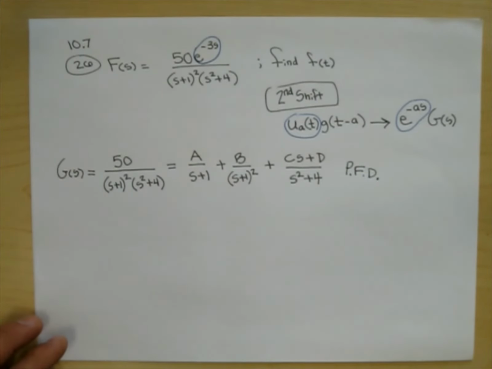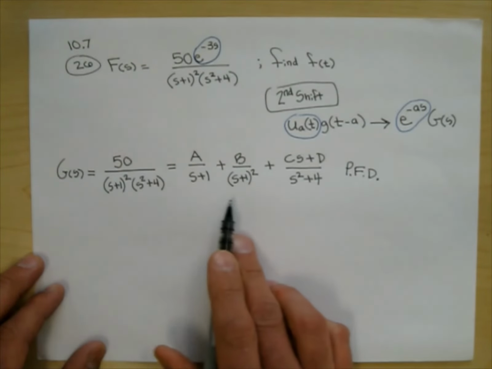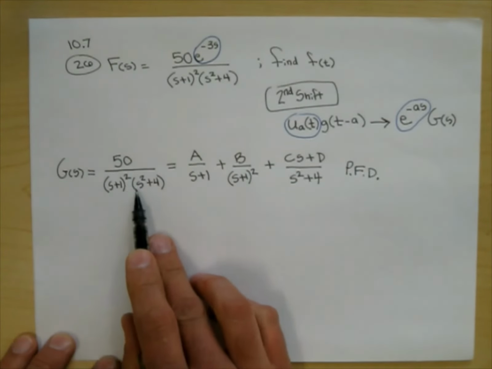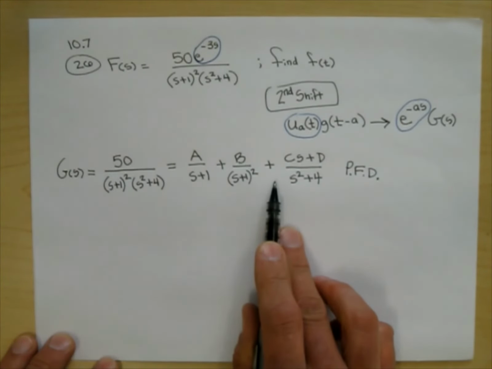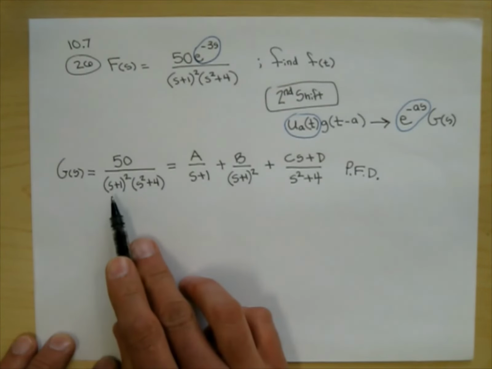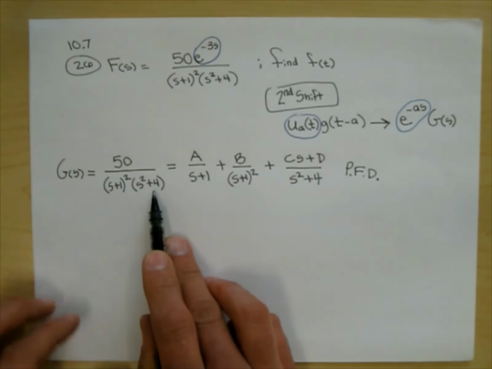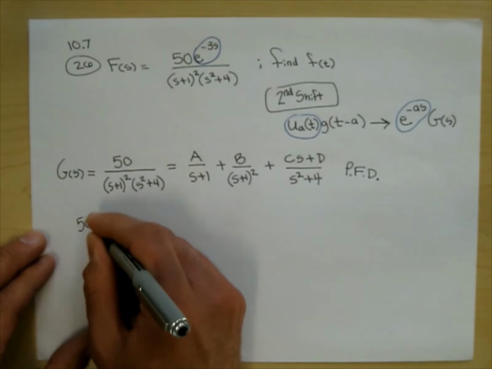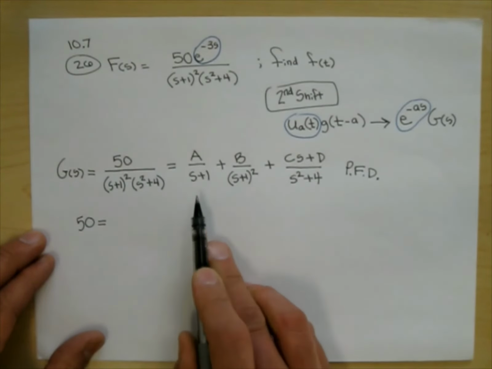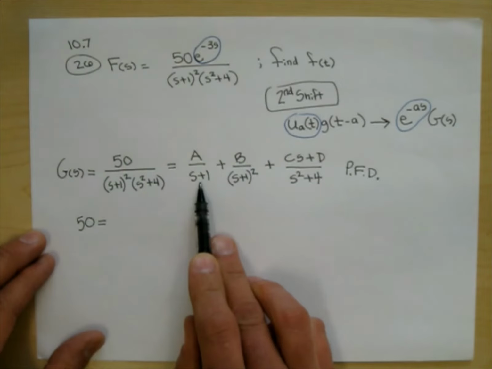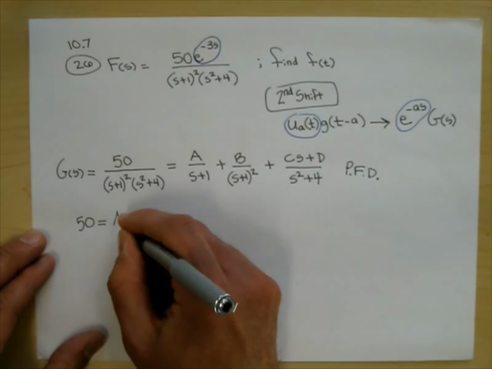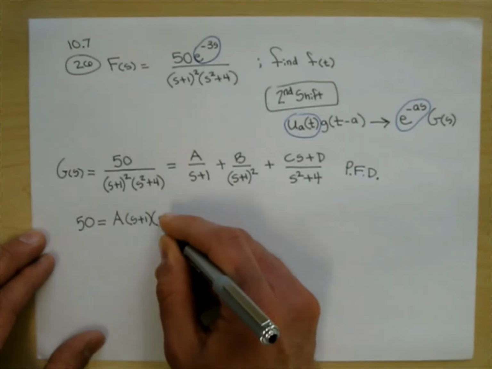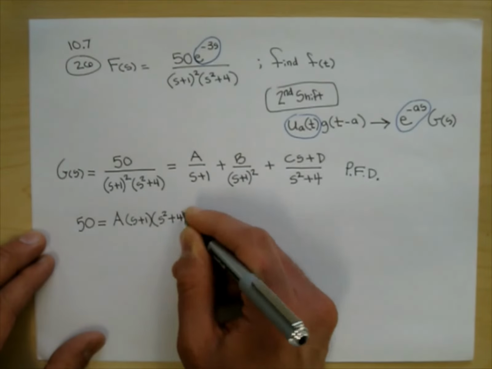We're doing a partial fraction decomposition. Perhaps you see that I have an equation right here: this expression equals that. I'm going to multiply that equation by the LCD. The LCD is s plus 1 squared times s squared plus 4. So on the left-hand side I get 50 equals, and when I multiply through, an s plus 1 is going to cancel, and I'll have A times s plus 1 times s squared plus 4.